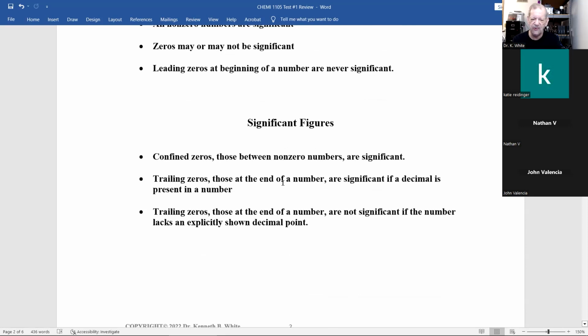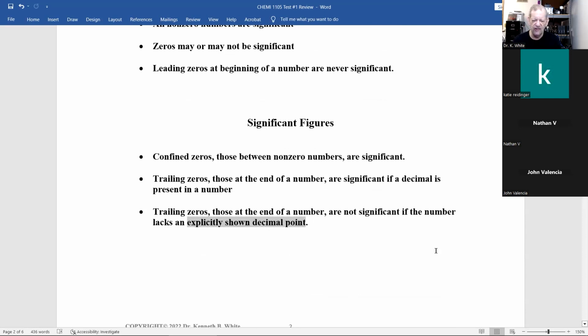Now, when we come to trailing zeros, those at the end of a number, they are significant if a decimal is present in the number. Trailing zeros are not significant if the number lacks an explicitly, and this is the important part, explicitly shown decimal point.